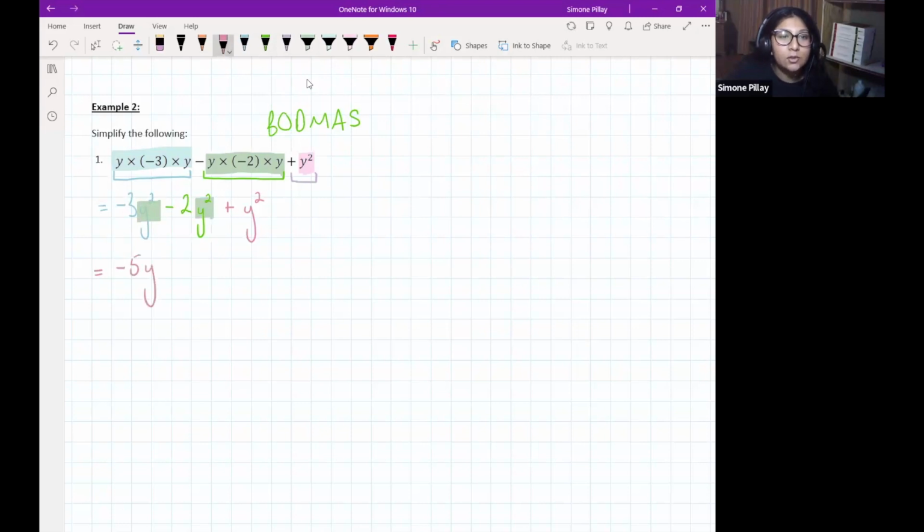Oh, and this also, my last term was also negative. Okay, I have -5y squared plus y squared, and then I can add that like term again. -5 plus 1 is -4y squared. That is that. I hope you guys see it's super easy stuff once you know your rules, once you are comfortable applying the rules.